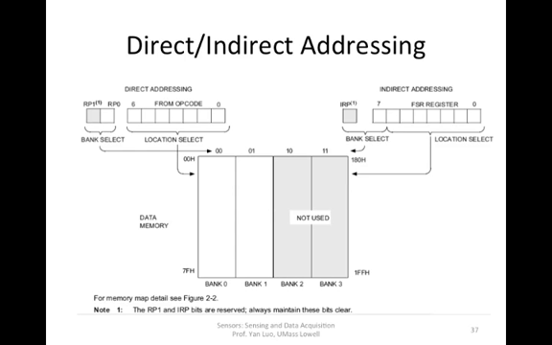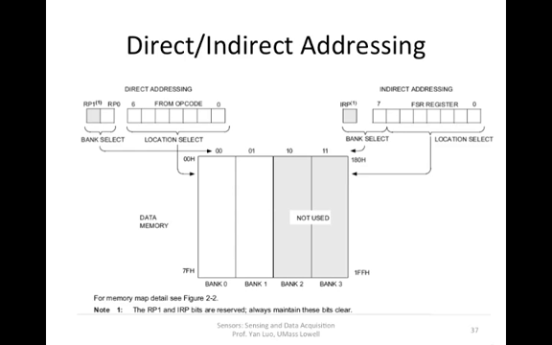If you do A plus B, A and B are operands, and plus is the operation. So when you have such an instruction, you want to tell the microcontroller where these operands are. If you want to do A plus B, where is A, where is B? That's what we mean by addressing mode.